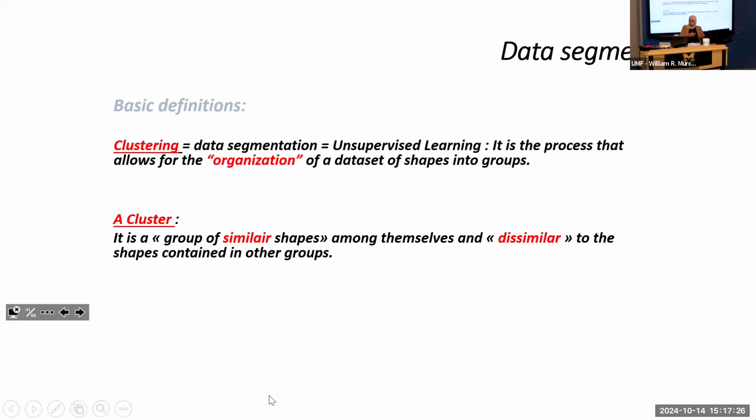So the Simpson family are similar and they are different from the employees group. Or women are similar and they are also different or dissimilar from the men group. It's like this. So the main criteria to define a cluster is a set of elements where there is similarity among the elements from the same group, and dissimilarity to other elements belonging to other groups. Is that clear for everyone?